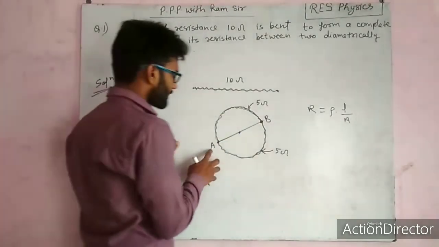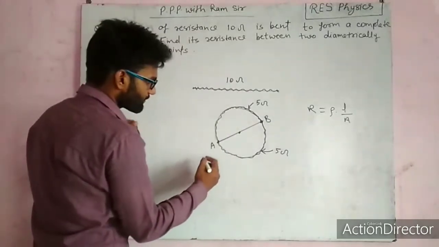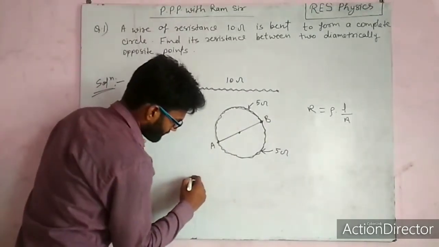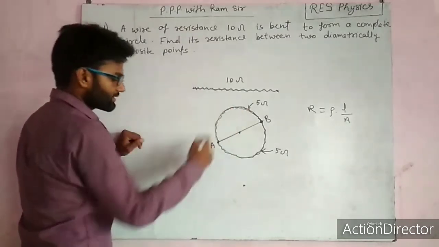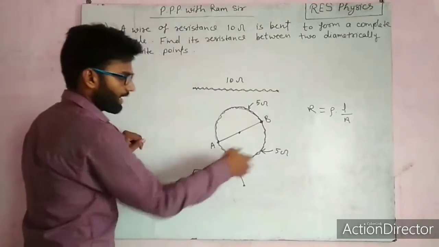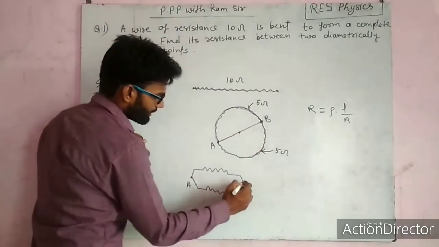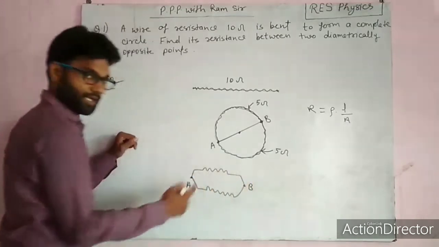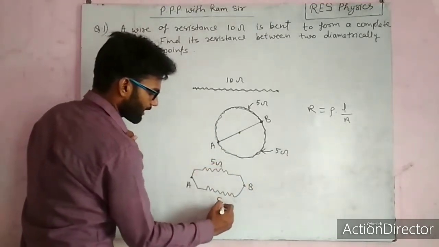Now if we have to calculate the resistance between these 2 points, as we can directly see here, between point A and point B, this resistance is connected, right? Another resistance is also connected between AB, having the same resistance, 5 ohm, 5 ohm.